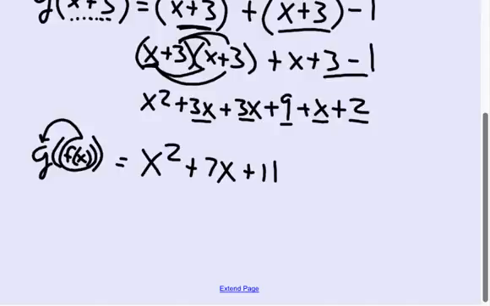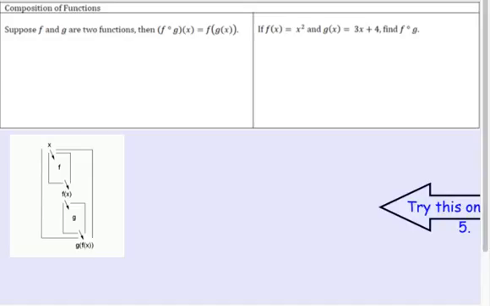Now there's a different way to write this. Composition of functions right here. It says suppose f and g are two functions, then f of g of x equals f of g of x. This is just a different way to write it. This is just a little circle. It looks like a degree sign. You'll see it a lot of times like this. Just an open circle, f of g.